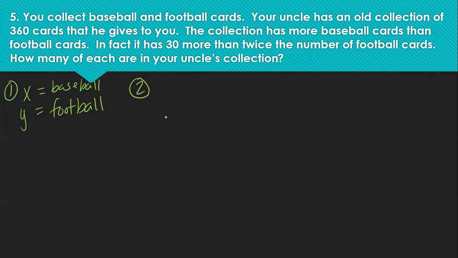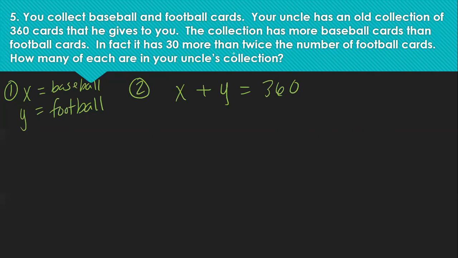The first sentence doesn't tell us much, but the second sentence tells us it's a collection. What does collection mean mathematically? Your total, right? So we know that in total, X and Y has to equal 360. Make sense? Then it says there are more baseball cards than football cards, which is cool.